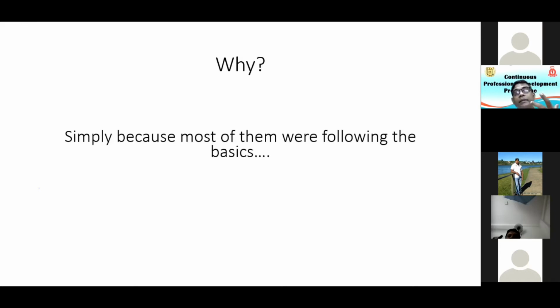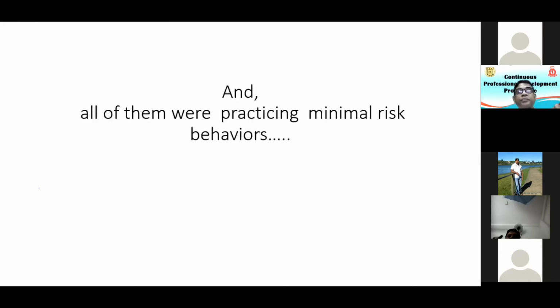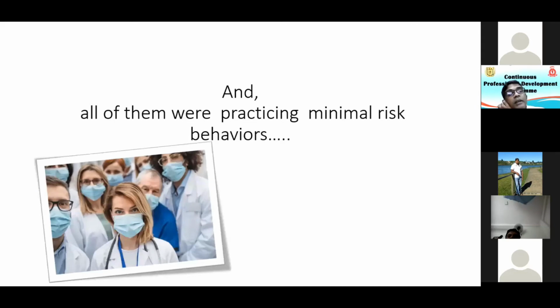As a result, they didn't get the disease. All of them were practicing risk minimizing behavior. Risk minimizing behaviors are the famous wear mask, wash hands, and stay at a safe distance. If you practice these things, especially wearing a mask 24/7, you can get rid of the problem very easily.